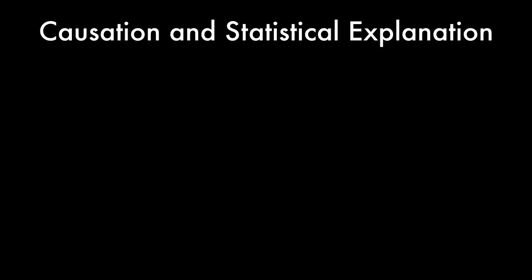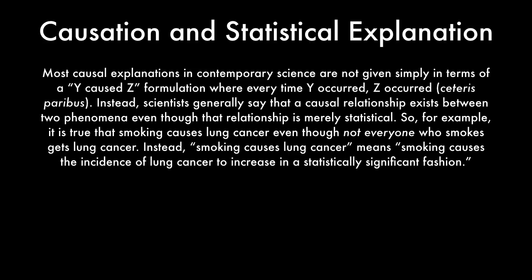Now, the picture of causation that we've been working with here is somewhat simplified. Most causal explanations in contemporary science are not given simply in terms of a y caused x formulation where every time y occurred, z occurred, Ceteris Paribus, keeping everything else equal. Instead, scientists generally say that a causal relationship exists between two phenomena, even though that relationship is merely statistical.